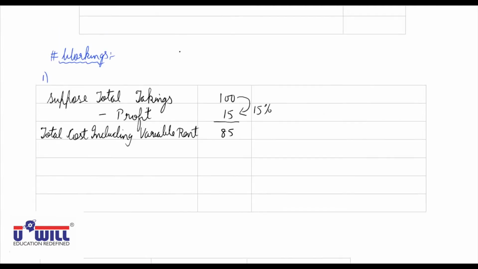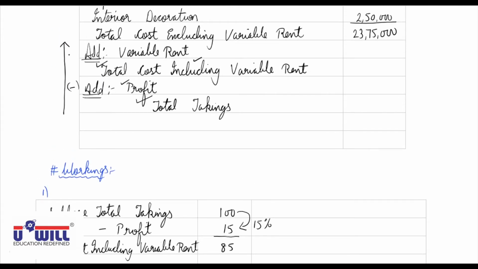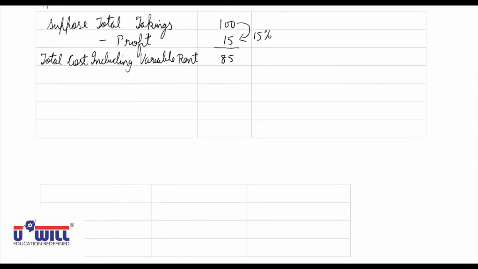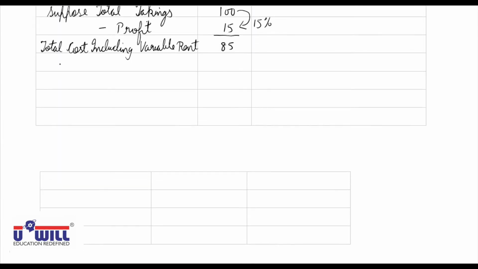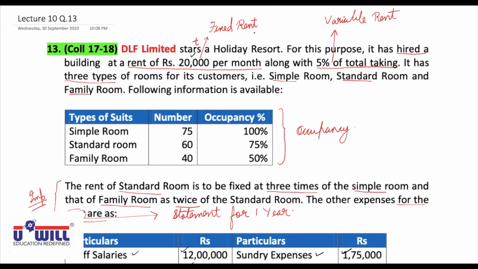Now further, if we go reverse, then we will minus the variable rent. Now what is variable rent given? See the first paragraph, first sentence. You will find that it is 5% of total takings.